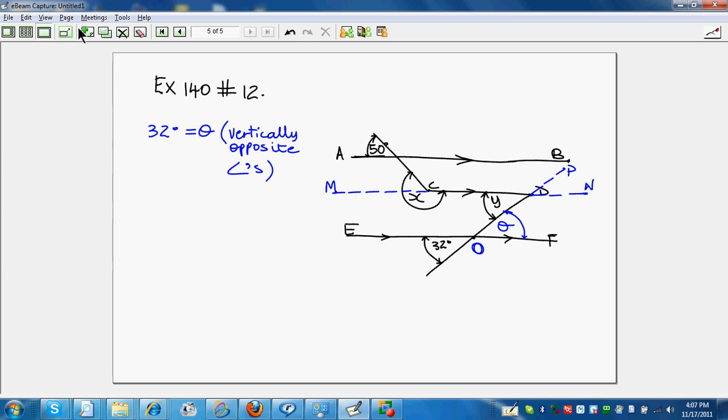Also, y and theta, those two angles are alternate angles because they lie inside that special z created by going from C to D, D to O, and then O to F. So we'll say that angle y must be equal to theta. The reason being that they are alternate angles.